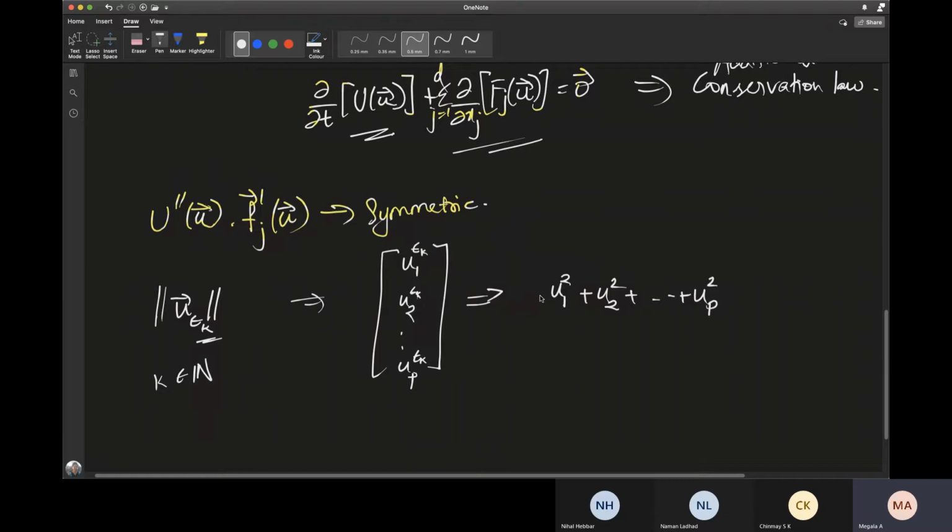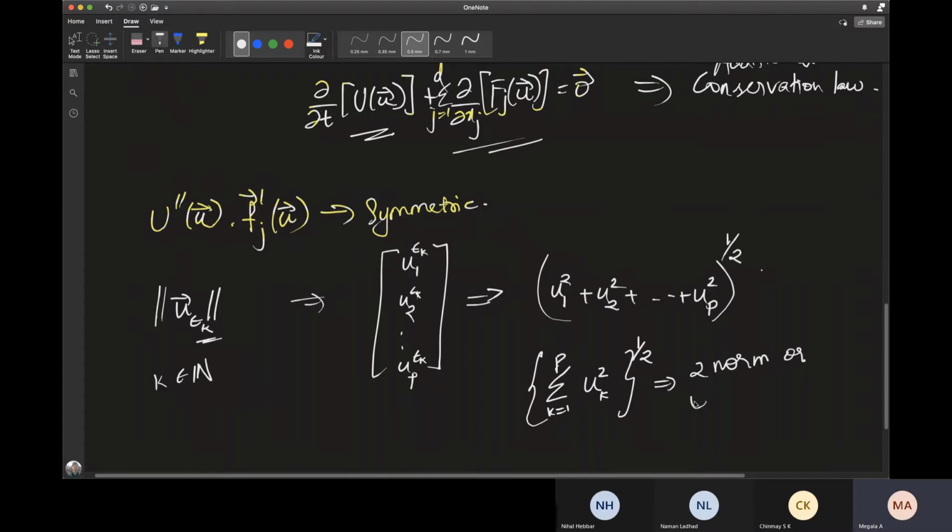So this is your Euclidean norm: the summation from k equals 1 to p of u_k squared, the whole to the power 1 by 2. This is the 2 norm, or Euclidean norm. We essentially call it the L2 norm.